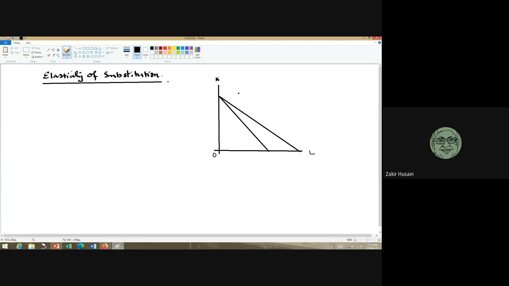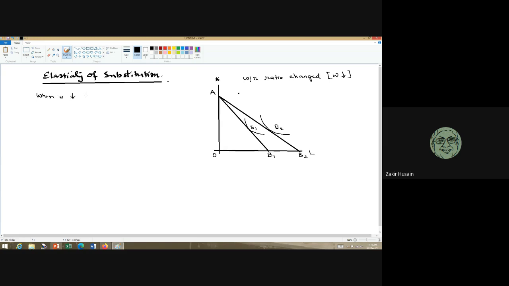This is when your input price ratio, the W by R ratio, has changed. The price of L, W, has gone down over here. So what will happen is, we move from E1 to E2.